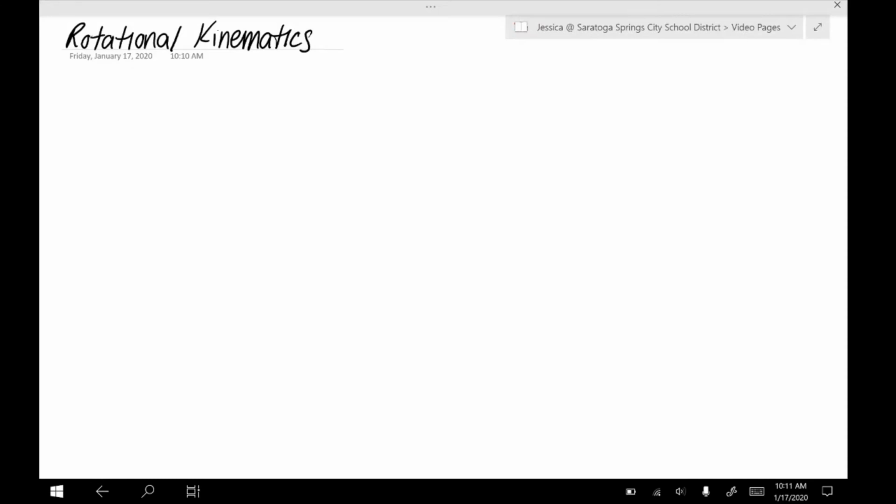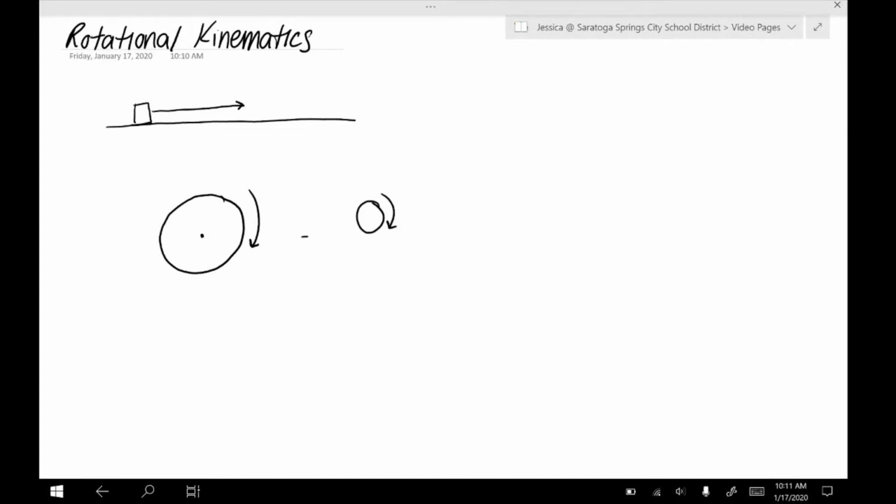Okay, so first thing first is, what is rotational kinematics? So far this year, we have looked at things moving in straight lines for the most part, right? They're moving forwards or backwards, but that's not the only way things can move. Things can also rotate, so that might be like a turntable that's rotating, or it could be a ball that is rolling across the surface.